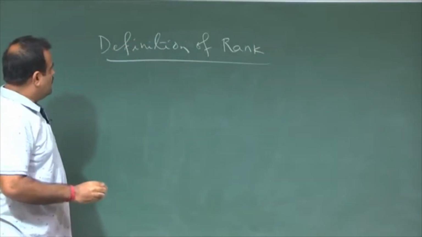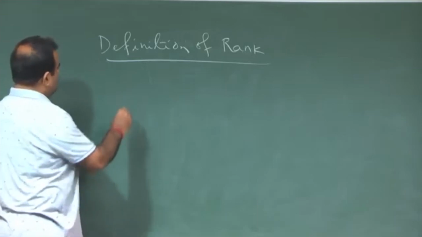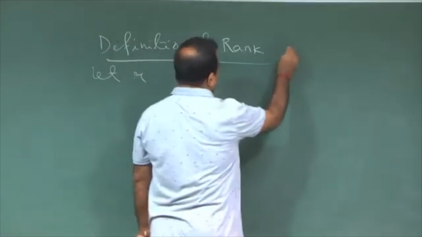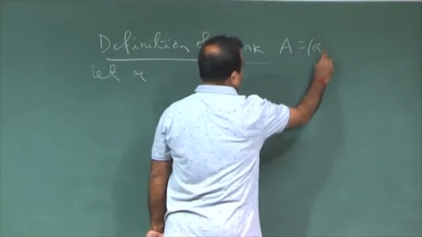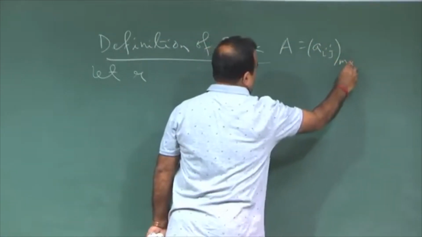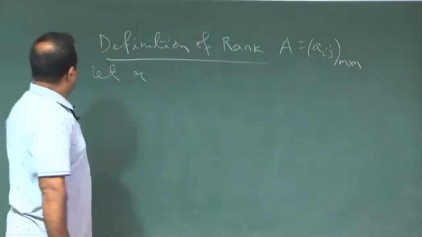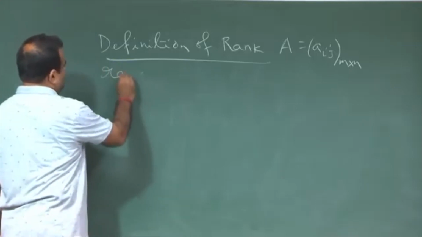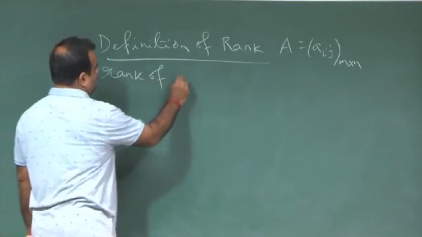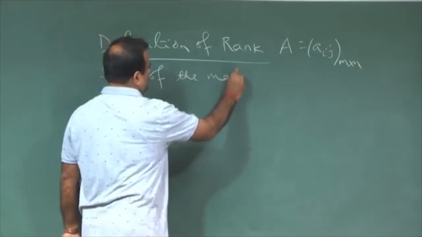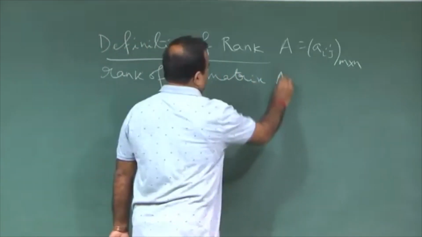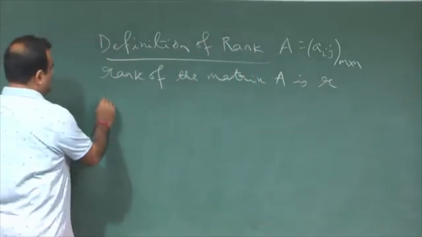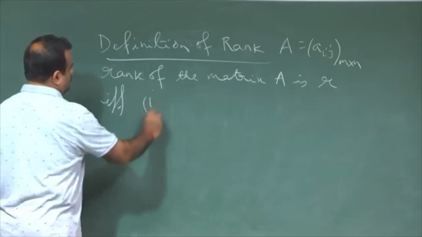Let r be the rank of a matrix A which is of size, say, m cross n. We say the rank of the matrix A is r if and only if there are two conditions.